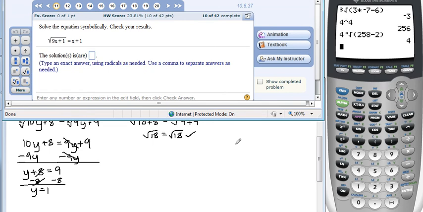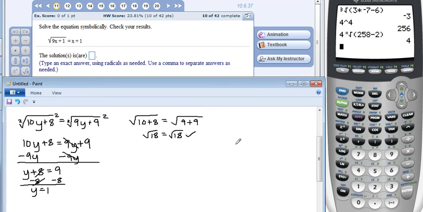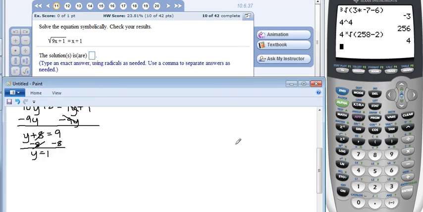All right. Now we're going to get into some more difficult problems, just like I asked for. You're welcome. They're not difficult, they're just more steps and a little bit more work. All right, again, I have my radical isolated to one side, don't I? So I'm going to square both sides.